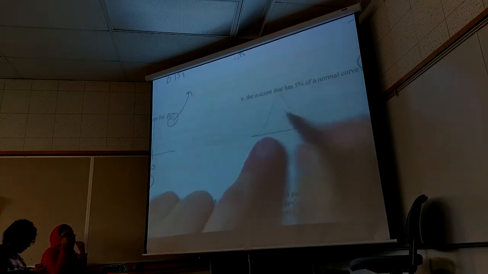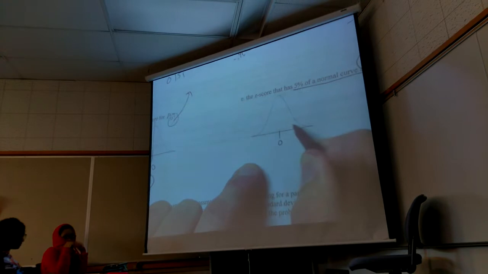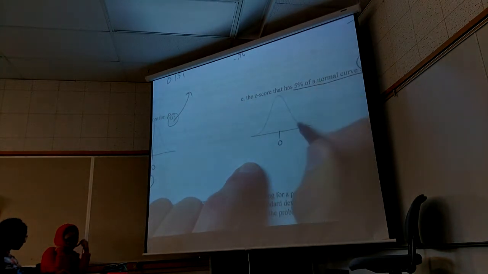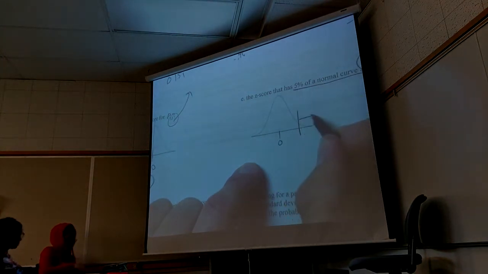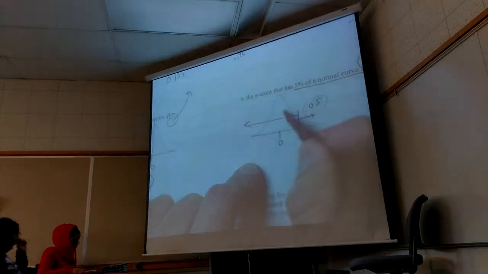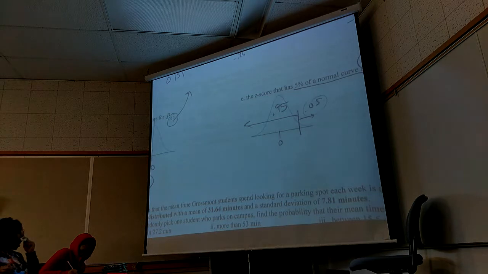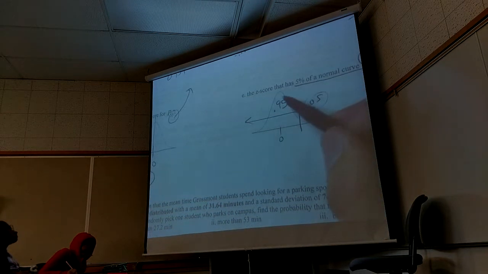Okay. It says 5% above it. So where's it going to be? Above it. 5% above it. So it's going to be way up here. The chart doesn't understand this. The chart understands this. Are you with me? So if I look up 0.95 in the body, because that's an area, notice how I write areas up and I write z-scores down.